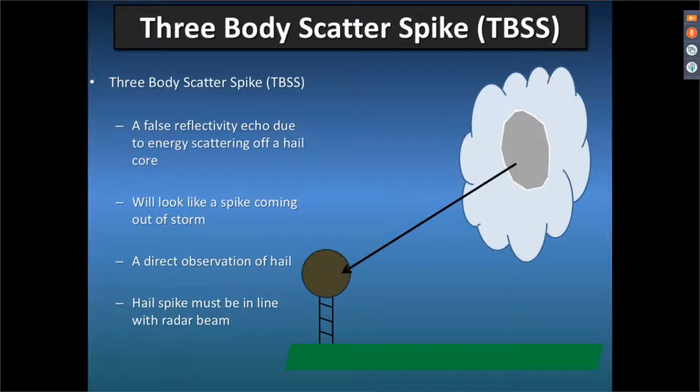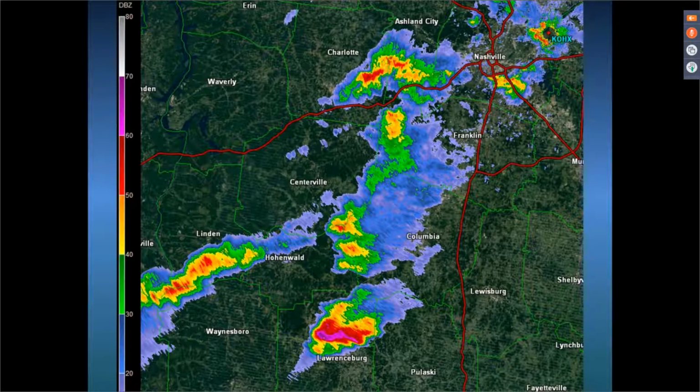So let's take a look here at an example. So here's the radar in Nashville. It's OHX. And take a look at that storm down by Lawrenceburg, Tennessee. So it's way there at the bottom of the screen. You can kind of see that spike sticking out to the southwest of the storm. That's because the radar beam is going from the OHX site all the way down to that storm by Lawrenceburg, and it's hitting all that area with the purple and the white colors there, and it's interacting with large hail, and it's bouncing the radar beam all around, and it's causing it to spike out to the southwest.